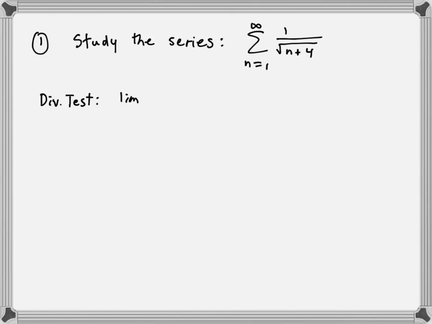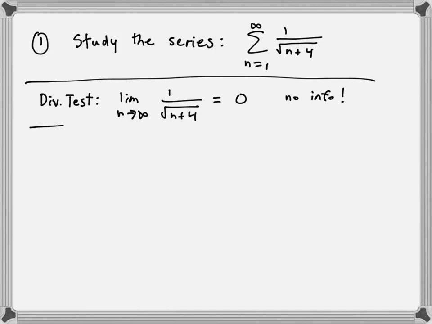What's the limit as n goes to infinity of 1 over the square root of n plus 4? This is equal to 0, right? If you send n to infinity, this goes to 0, which means we get no info, right? The divergence test tells us nothing. So it's always worth trying that, but we notice that it does not help us for this series.